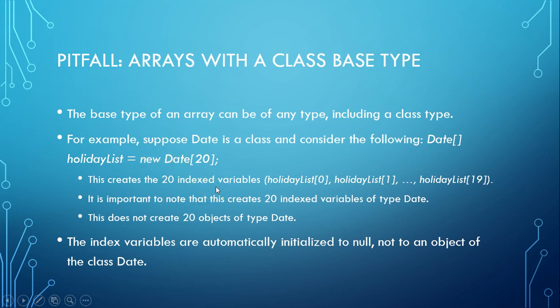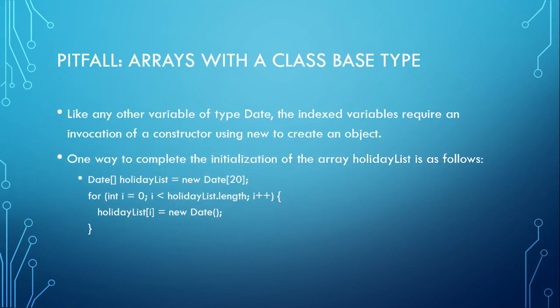Those index variables were all set to null because you have to go through and create the actual Date objects themselves. It creates 20 variables of type Date that aren't really objects, and they don't actually contain values unless you use something like this for loop to actually hold those values.